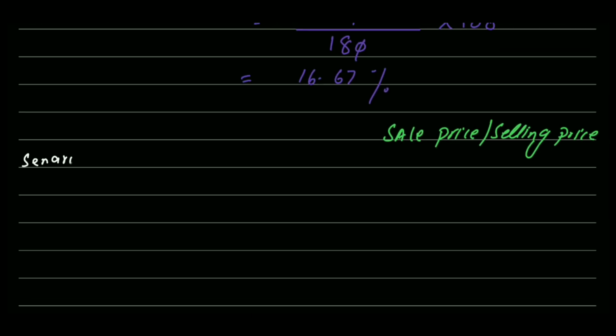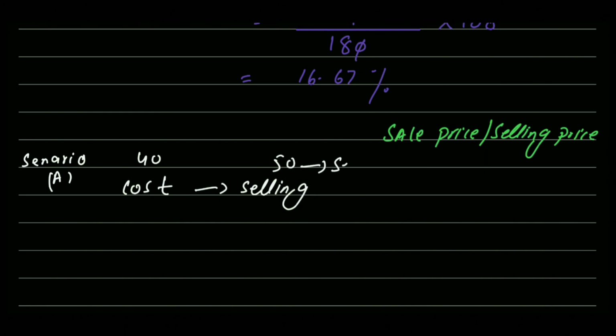There are two scenarios. Scenario A: one is your cost price and the second is your selling price, that is 50. This will be called selling price, marked price, or list price.